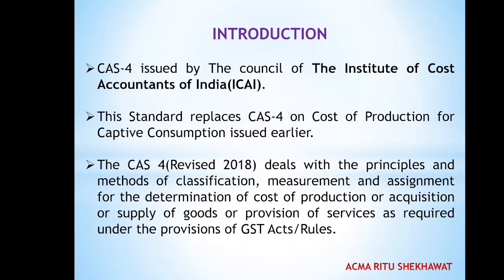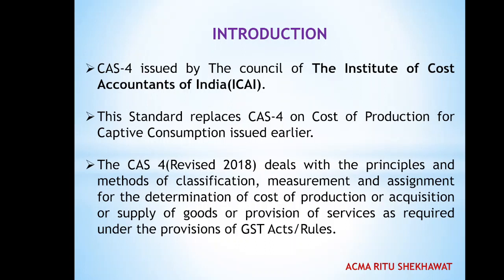So what is the cost of production of captive consumption? Direct material consumed plus direct labor cost plus direct expenses gives us prime cost. Plus factory overheads plus admin overhead related to production only, plus quality control cost plus research and development cost, net of realizable value of scrap and recoveries, net of adjustment for work in progress and finished goods, gives us the cost of production.